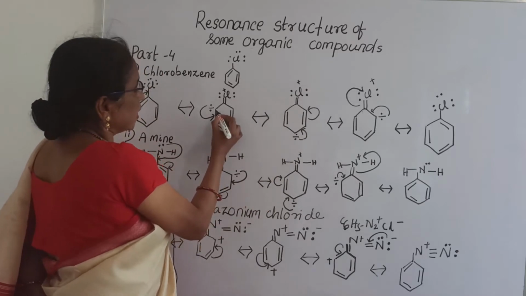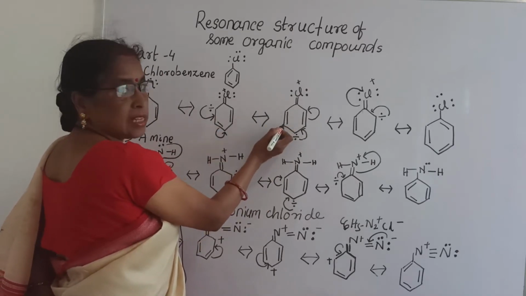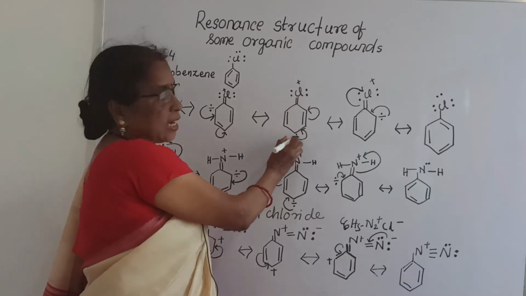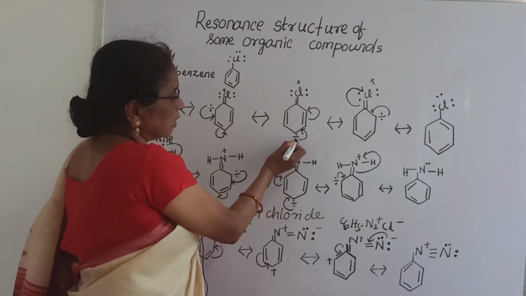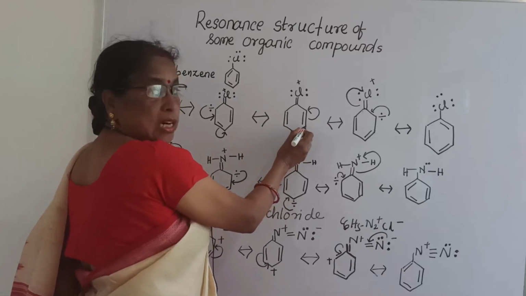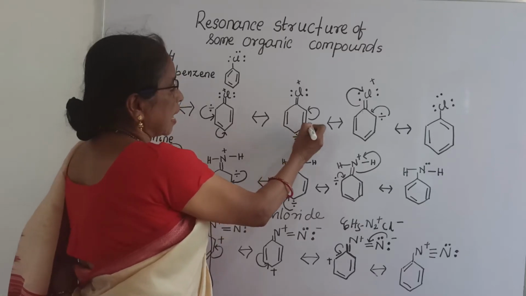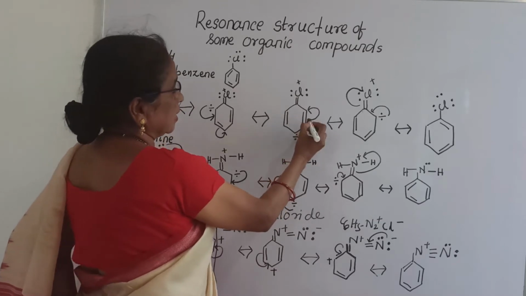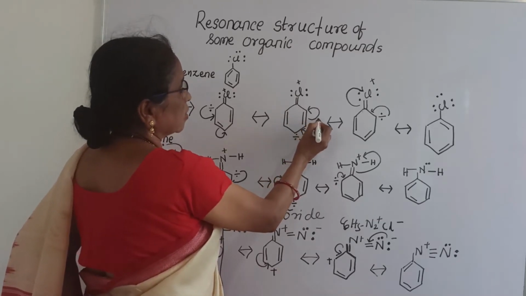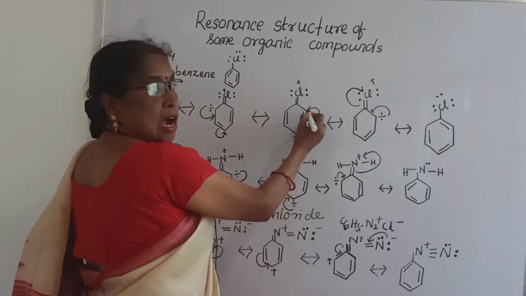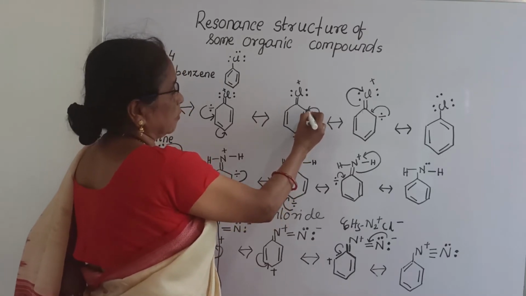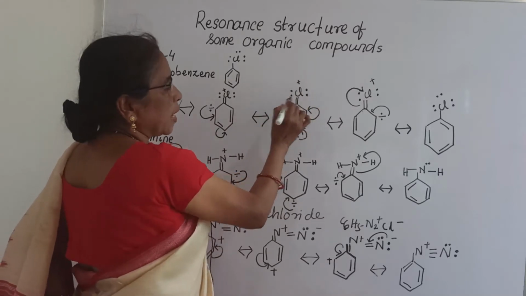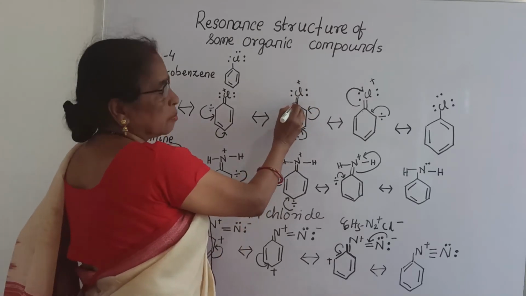See, here there is no bond, but here there is a double bond. Here, since there is a pair of electrons with negative sign, this pair of electrons delocalizes to the adjacent bond, and where the pi bond is there, the pair of electrons delocalizes to the adjacent carbon atom, and here same as chlorine positive sign, 2 pairs of electrons having a double bond.